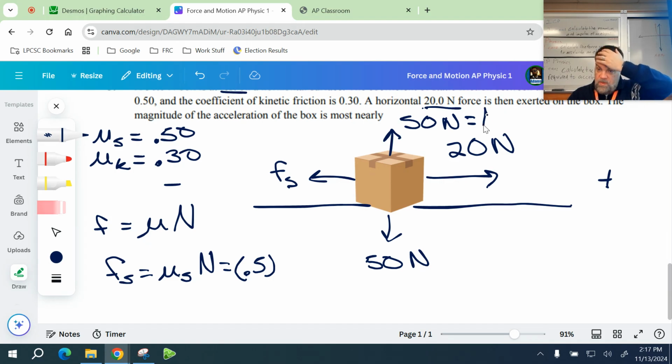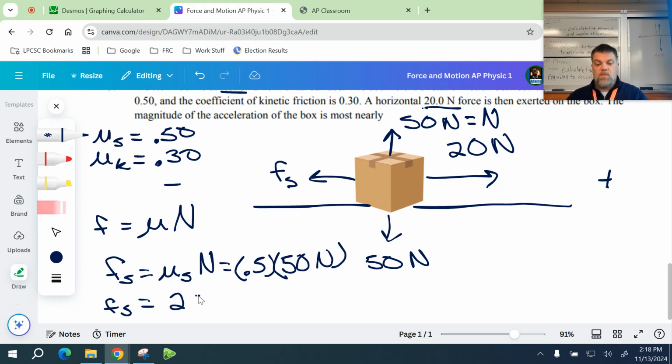This is the normal force. Don't get all the n's confused. Times 50 newtons. So in order to get this thing moving, you'd have to pull with at least 25 newtons. Oh, this is in the negative direction, so it's negative.